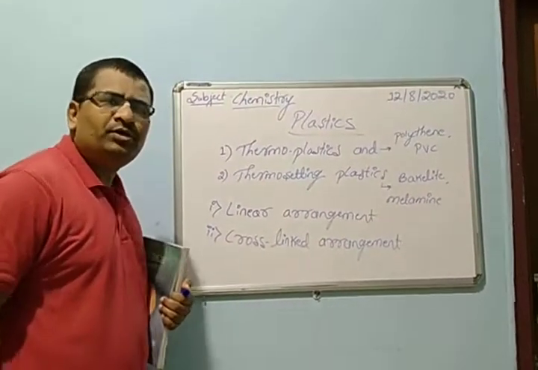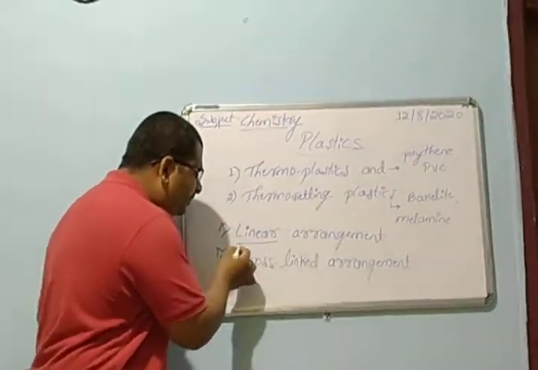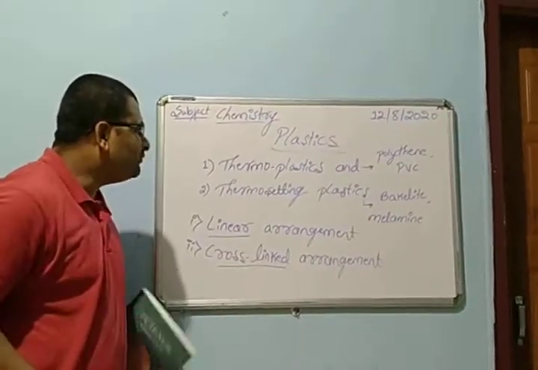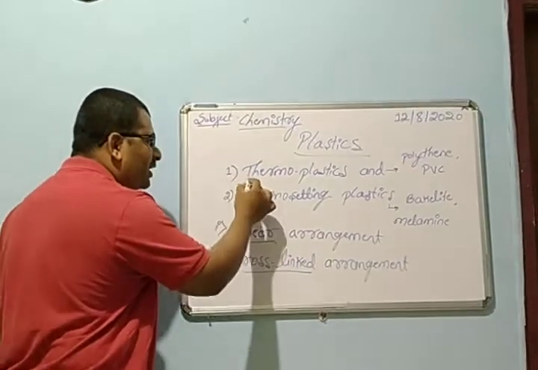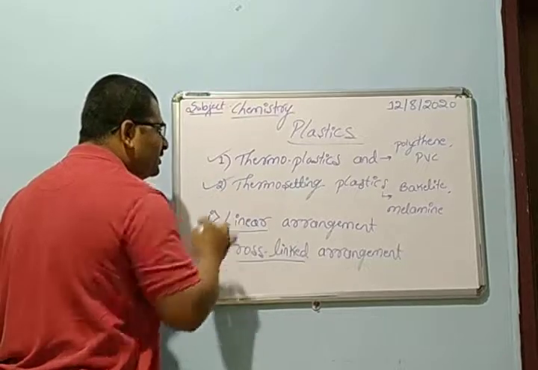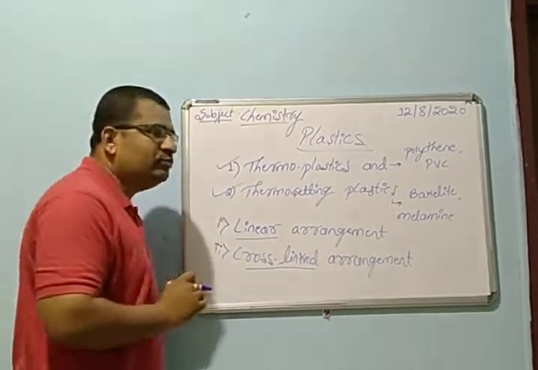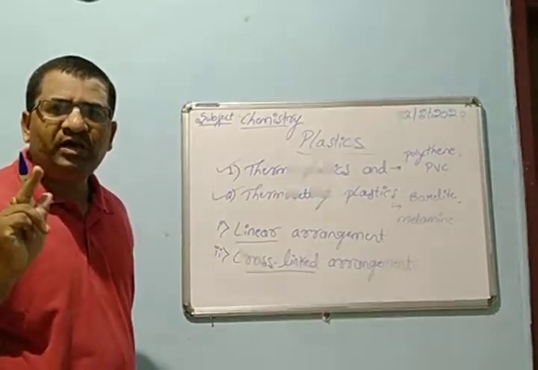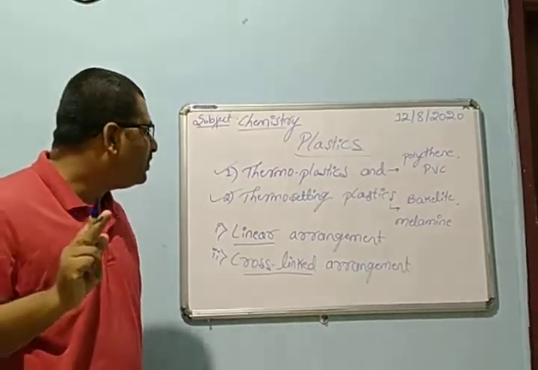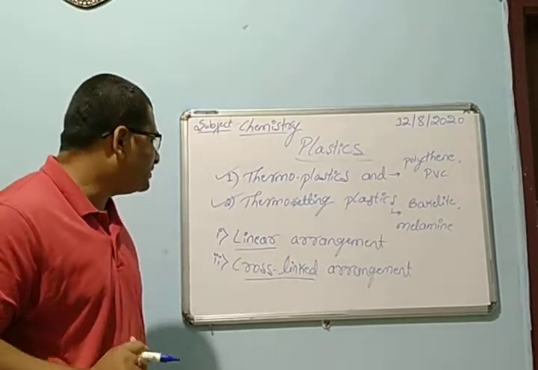Depending upon the arrangement of the monomer units as linear or cross-linked, plastics are classified into two types. The first is thermoplastics and the second is thermosetting plastics.